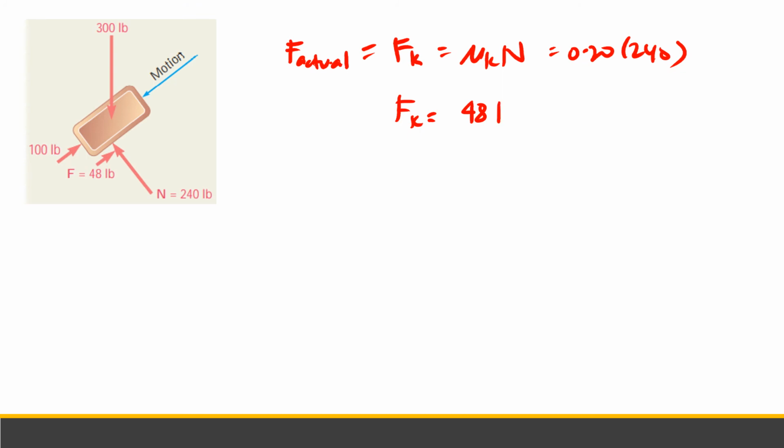The body is in motion, so the sense of the force is opposite to the sense of motion. The force is thus directed up to the right. This is the direction of our F.